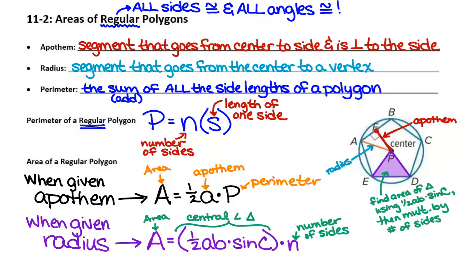We are going to do a little bit of review from chapter 10 because that comes into play in this before we actually find the area of polygons.